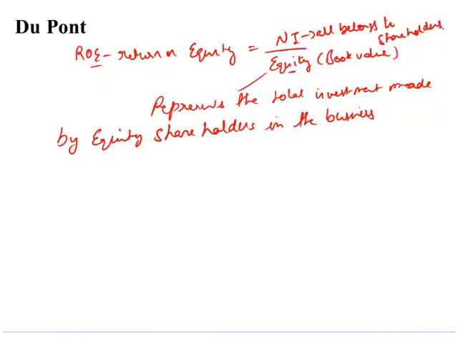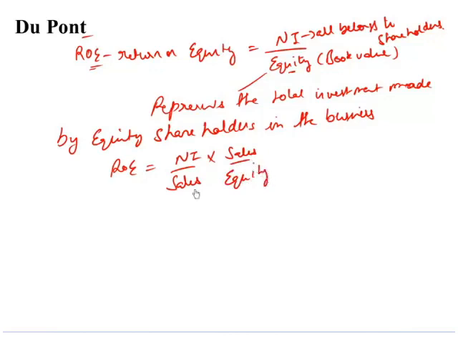firm. Now, because the ratio is so important, we calculate a more detailed breakup of the ROE using the DuPont model. So the derivation of the DuPont equation is quite simple. So ROE is net income by equity, or I can say it is net income by sales into sales divided by equity.